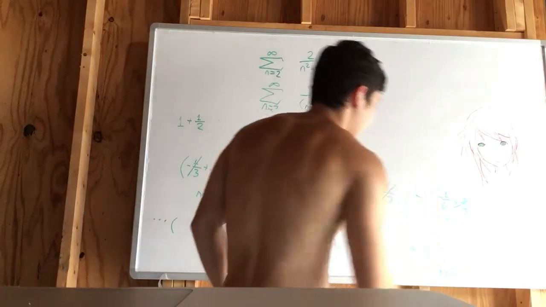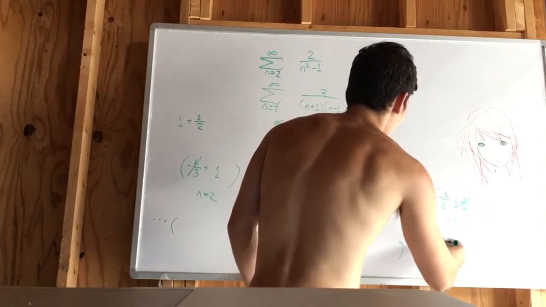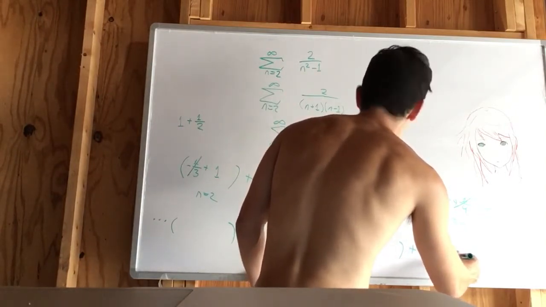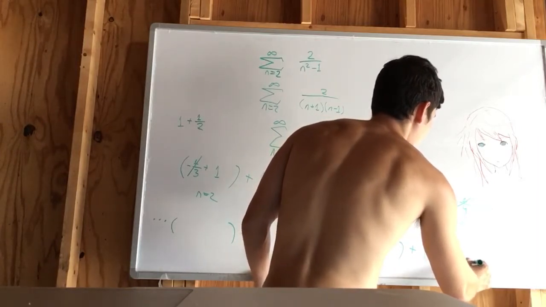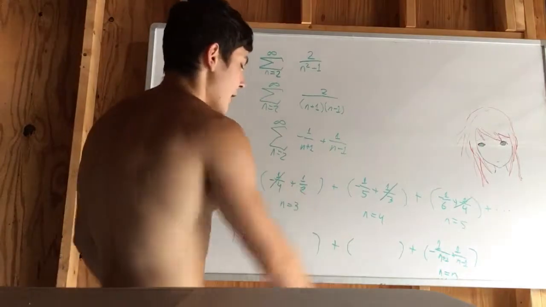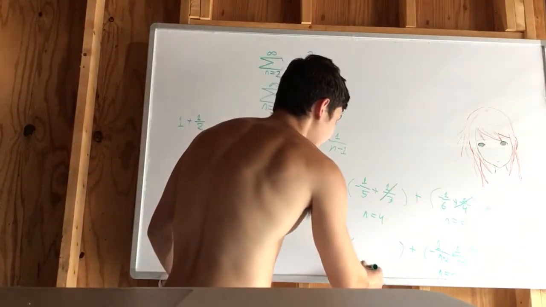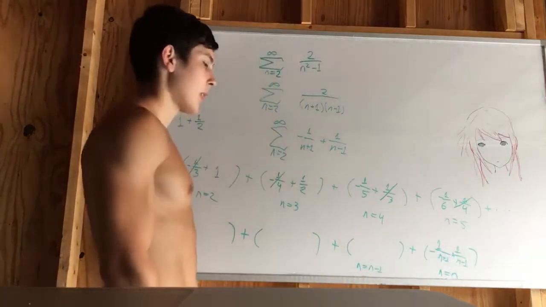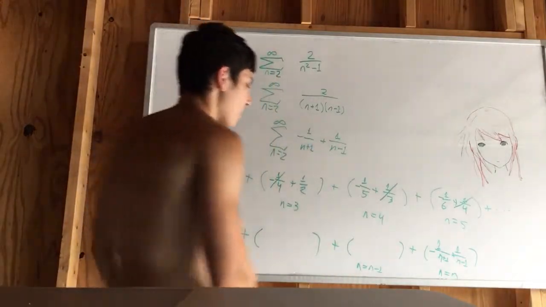You can think about it that way. n equals n, and that would just give us our formula: negative 1 over n plus 1 plus 1 over n minus 1. Our second to last term is if we plugged in n equals n minus 1. We're plugging in n minus 1 wherever we see an n.